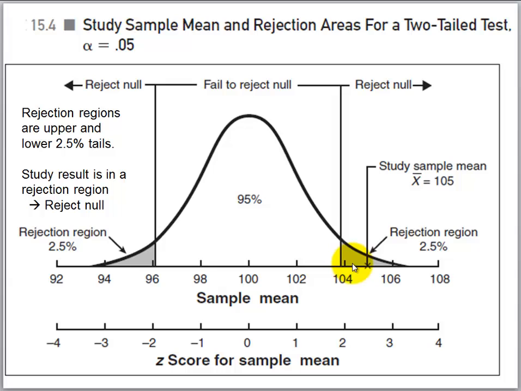So our result is unlikely to be due to chance. A result as extreme as our result, or even more extreme, occurs less than 5 times in 100. So we are going to reject the null and accept the alternative. So we're going to conclude that the mean in the population in your town does not equal 105.